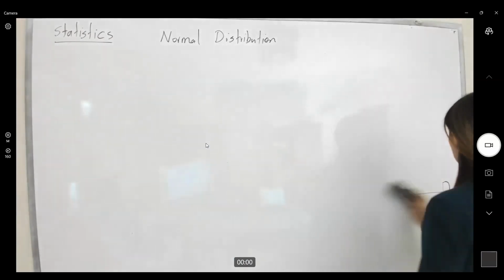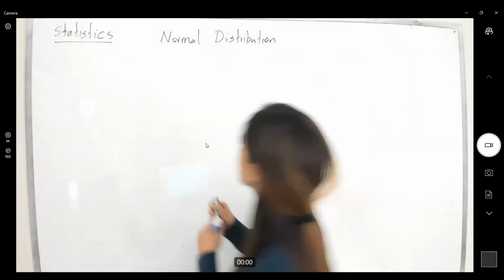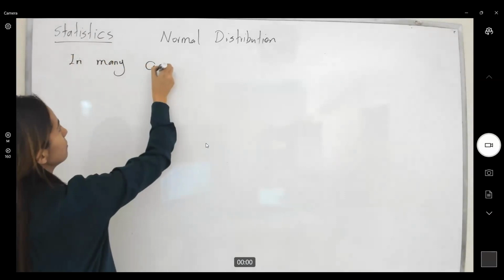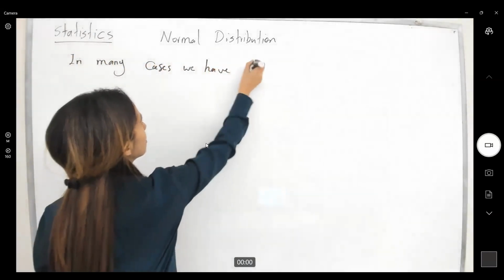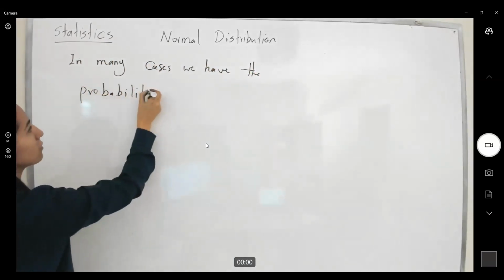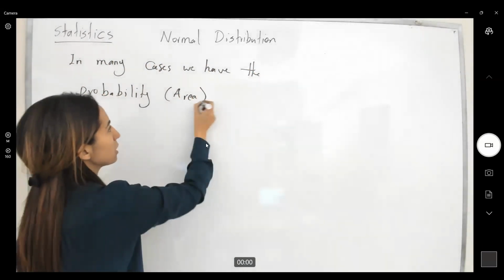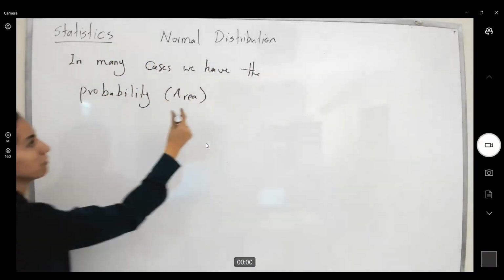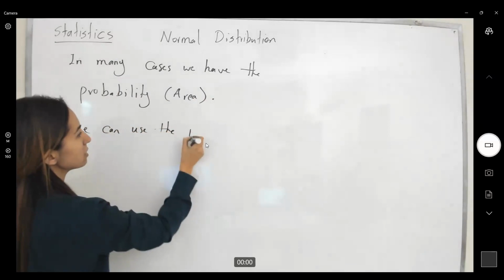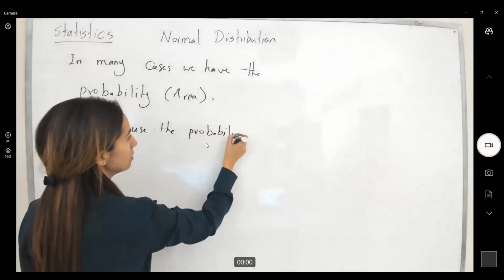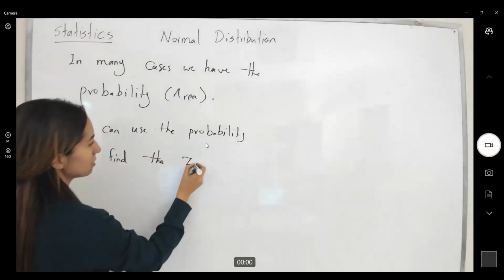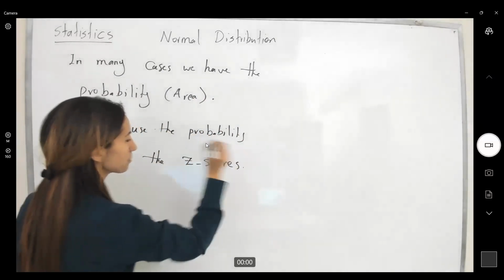So in many cases, we have the probability. Again, guys, when we're talking about the probability, we're talking about the area below the graph. We can use the probability to find the Z scores.